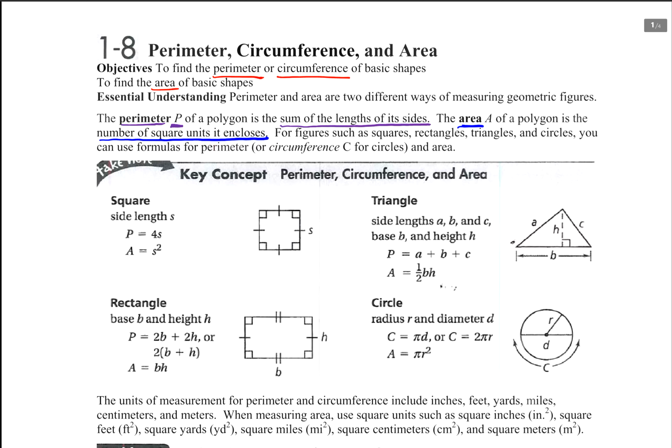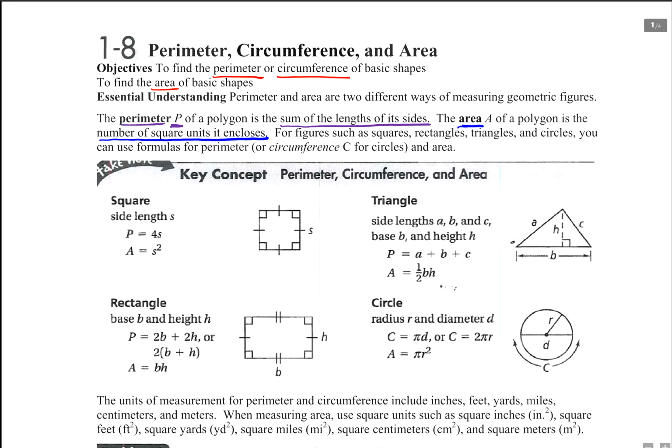2 pages. So, a square. Here we're told that perimeter is just 4 times s, or you can just add them all up. Some figures have specific formulas that you can learn and memorize and use, or you can just stick with the basic idea that perimeter is just the sum of all of the sides.